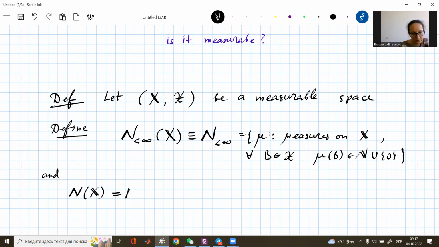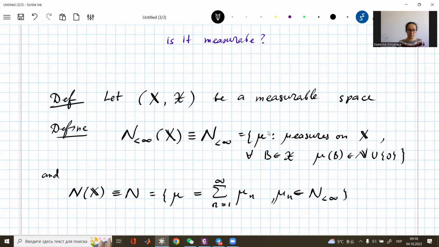This is the set of measures that can be represented as a sum of at most countable number of measures from the previous set, and this is my space of measures N.